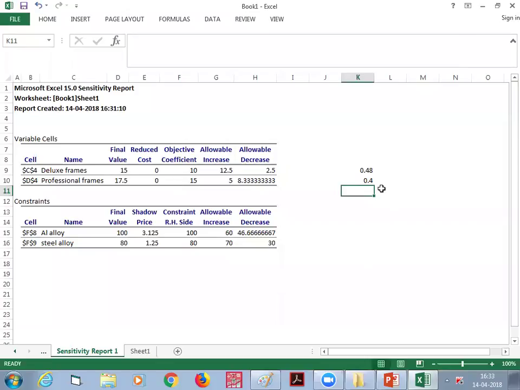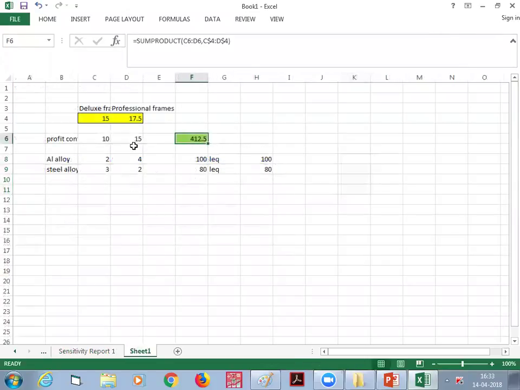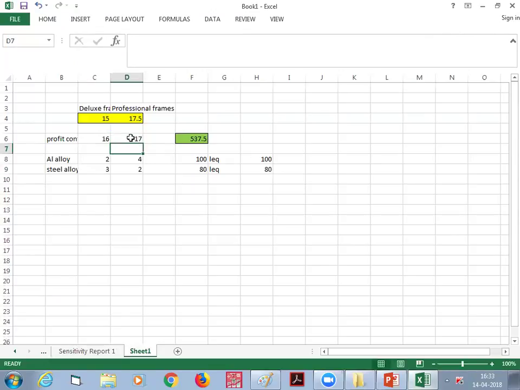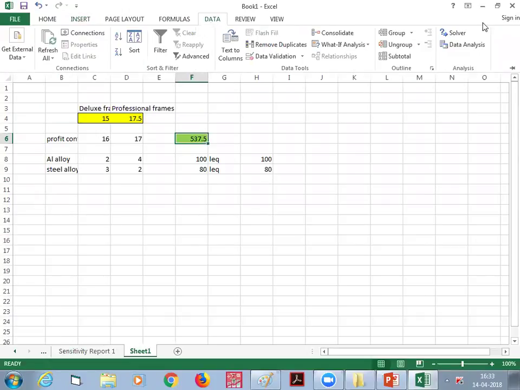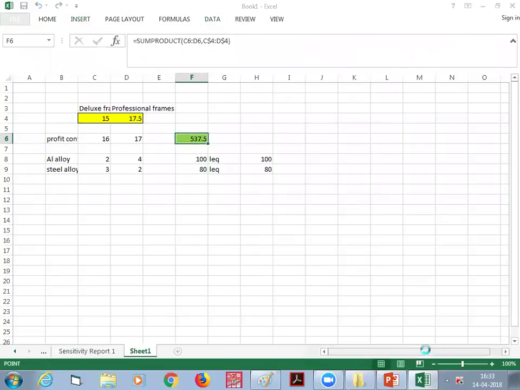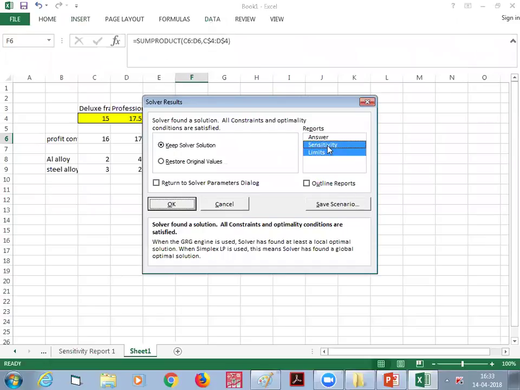So let's just see. We can go here and change this to 16 and this to 17. Now what do we do? We just solve again. Has there been any change?